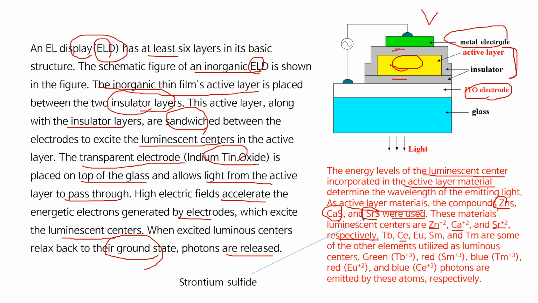Tb, Ce, Eu, Sm, and Tm are some other elements utilized as luminescent centers. Tb ion is green, Sm ion red, Tm ion blue, Eu ion red, and Ce ion blue. Photons are emitted by these atoms respectively.